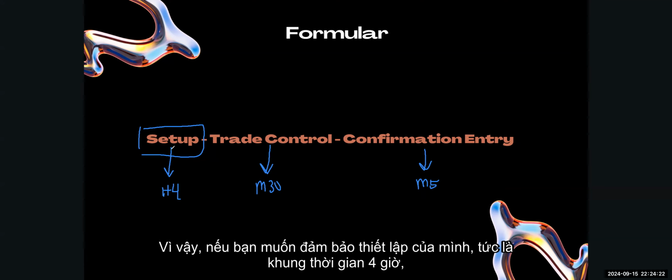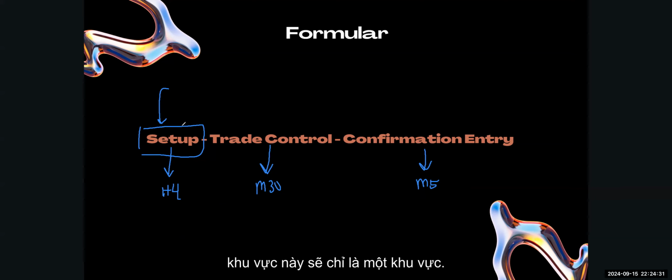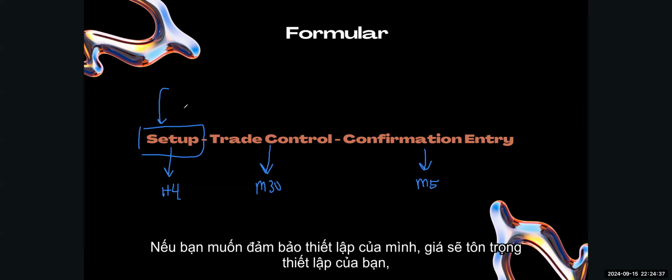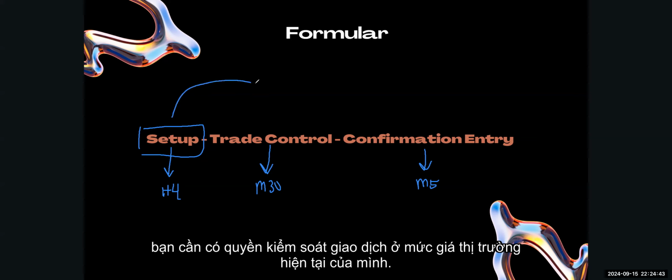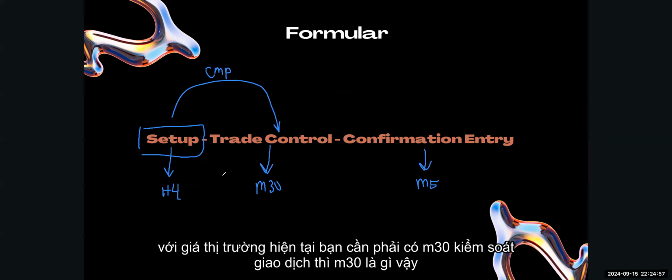If you want to make sure of your setup, which is your 4 hour time frame, whether you have an EG buy or an engulfing field for buy, the zone is just going to be a zone. What matters is this: to make sure the price respects your setup, your 4 hour time frame, at the current market price, you need to have trade control, M30.